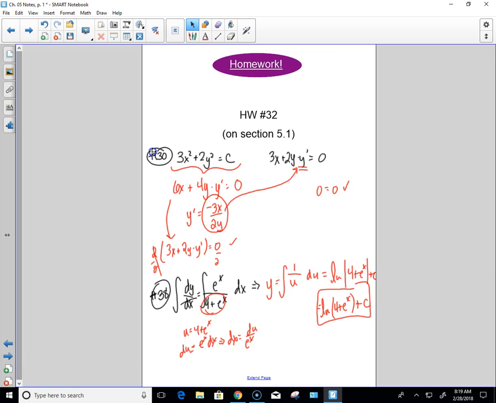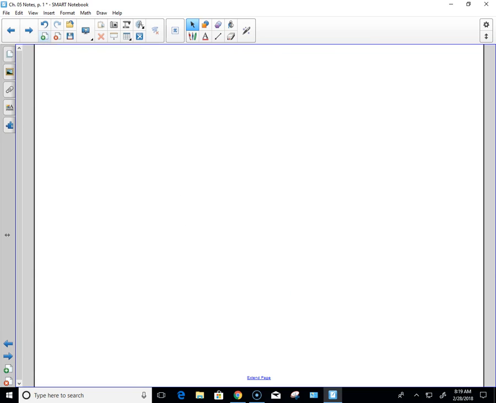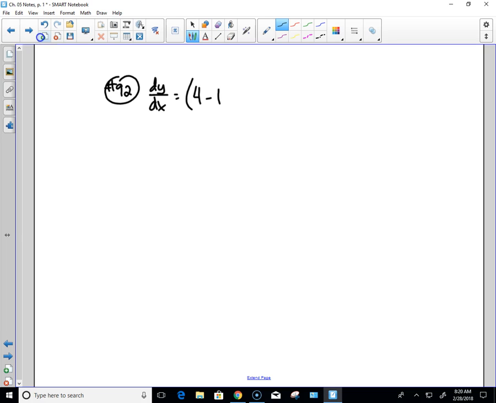Letter B, though, says write an equation of the tangent line. Ooh, this one's a great question. Okay, what'd they give you in number 92 for your differential equation? Oh, makes so much more sense.